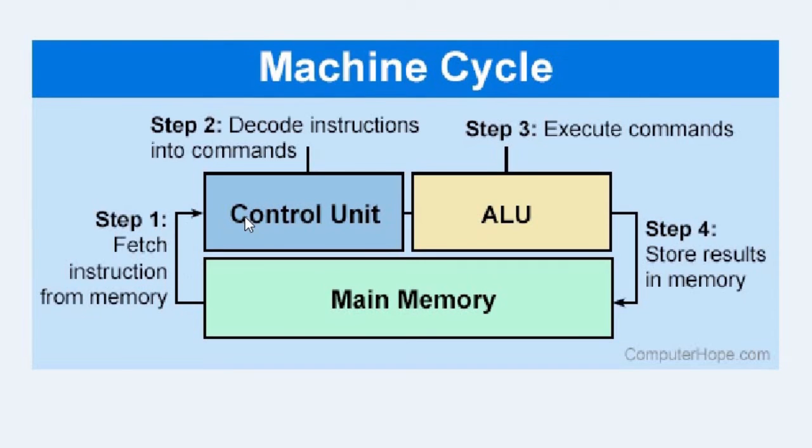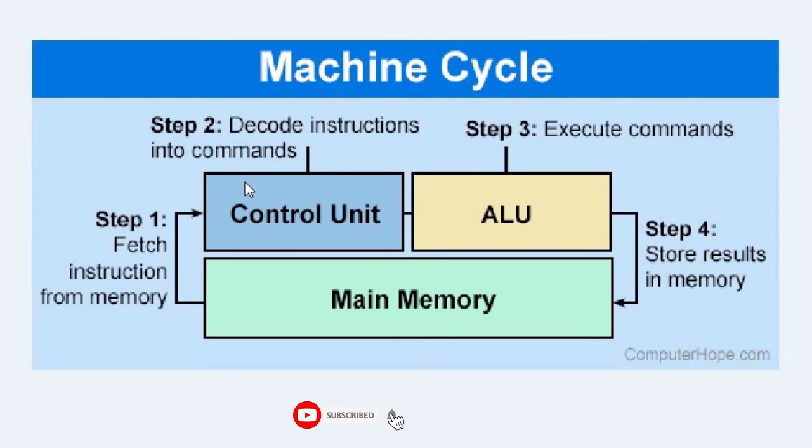When that happens, the instruction will be moved to the control unit. Are you following me? Then the control unit will decode that instruction into commands. You know what it means to decode something? Just like something was packed inside a pack, like soap.